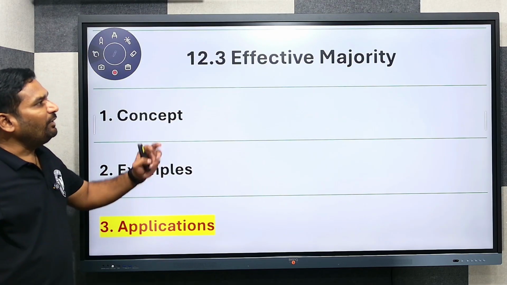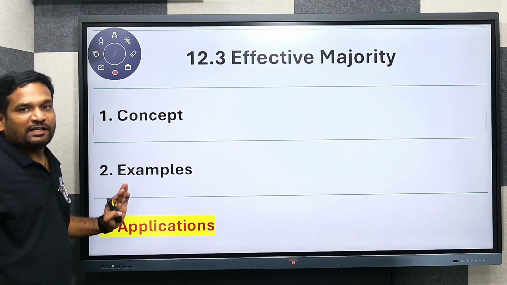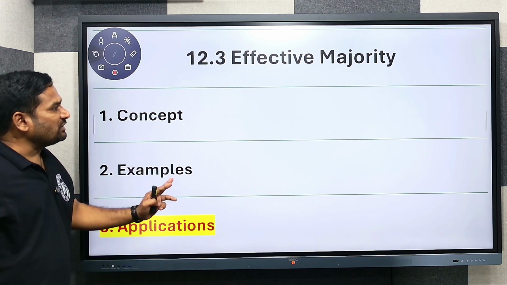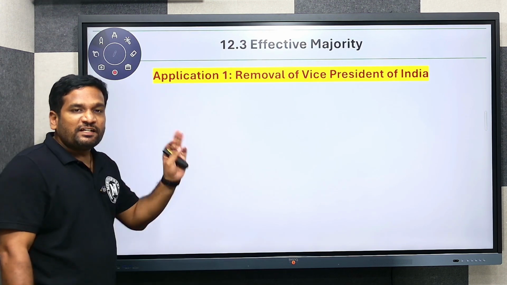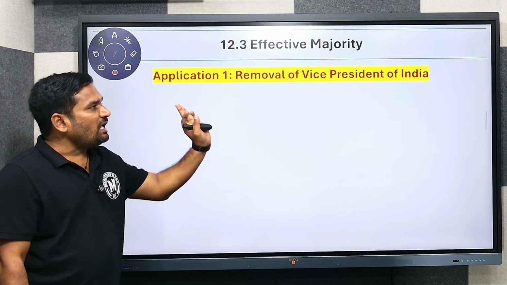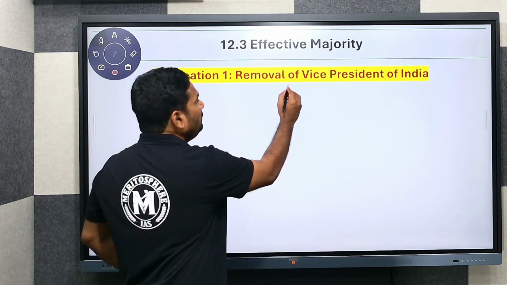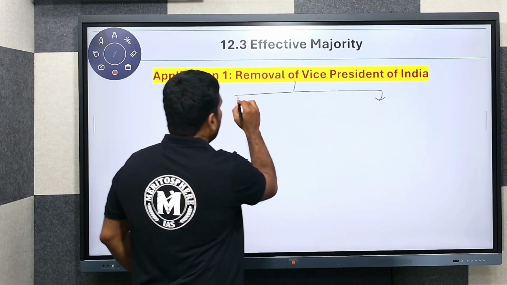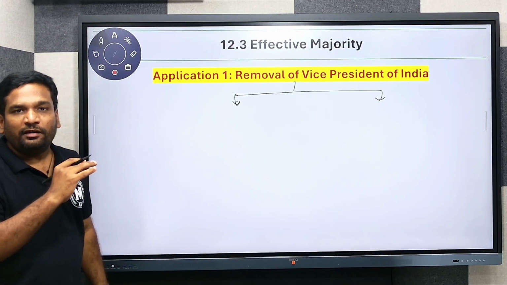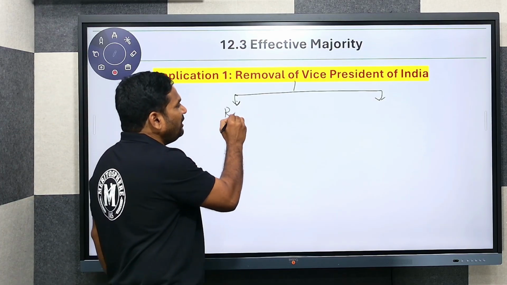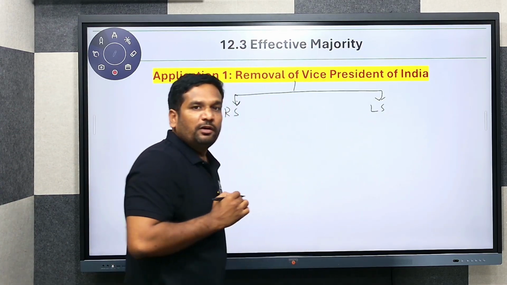Right. So we have completed the concept and examples under effective majority, and now we are moving to applications. The first application under effective majority is removal of the Vice President of India. We have seen this in simple majority also. Here the removal process of the Vice President of India involves both houses, Rajya Sabha and Lok Sabha.